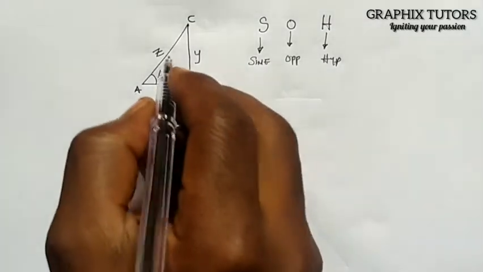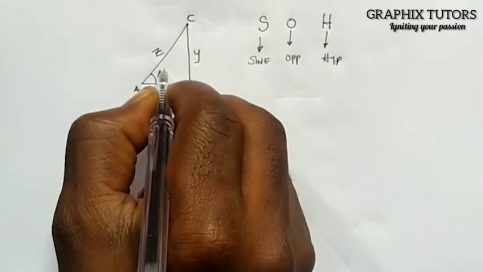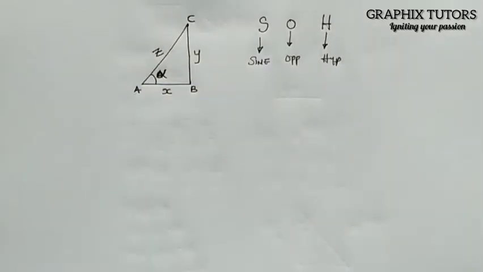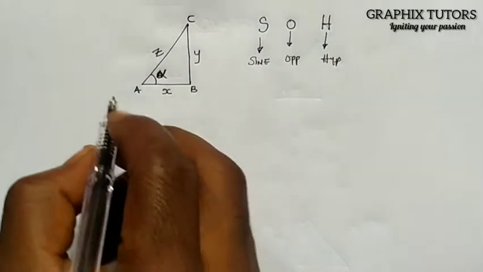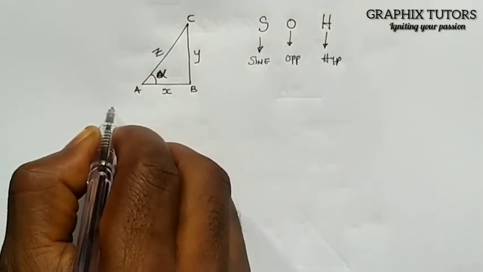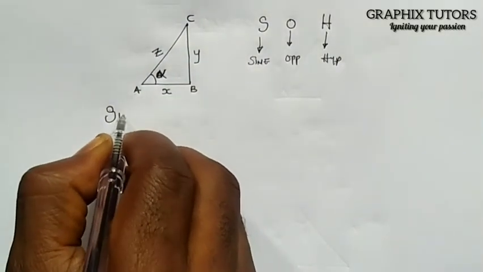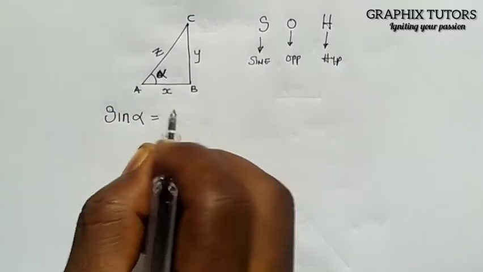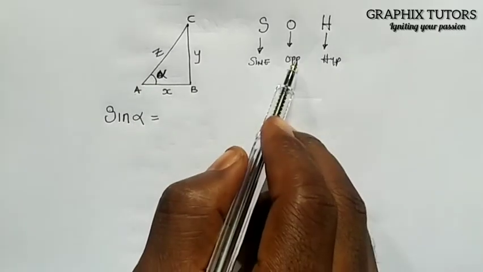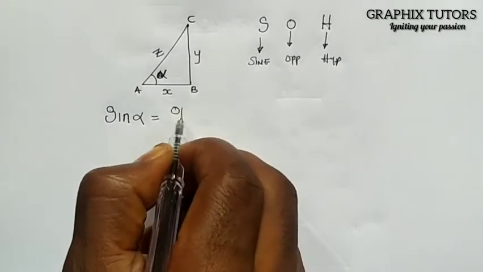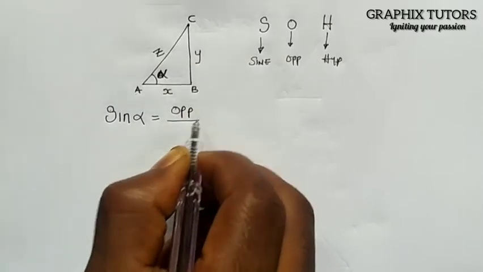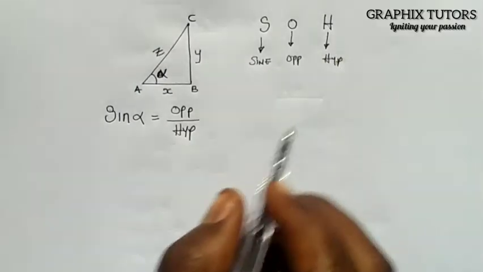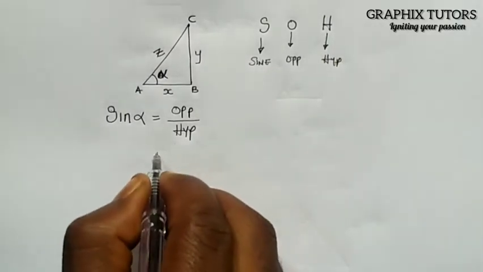For simplicity's sake, let me use the word alpha, so as not to coincide with other letters. If I say sine alpha, because I'm considering alpha, my opposite means opposite over hypotenuse. Now what is my opposite?